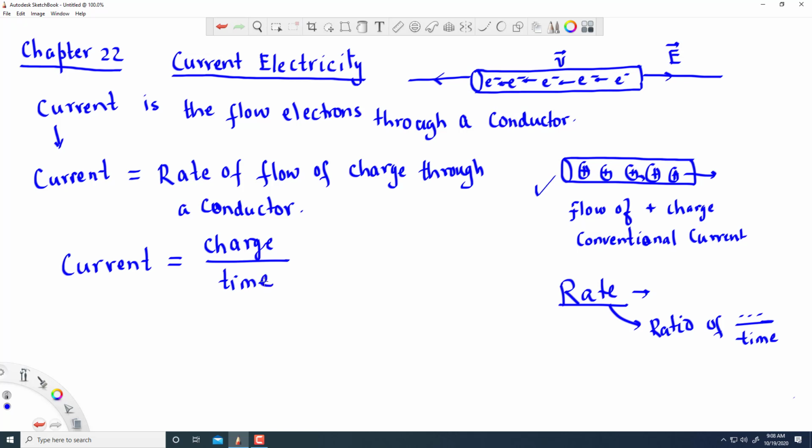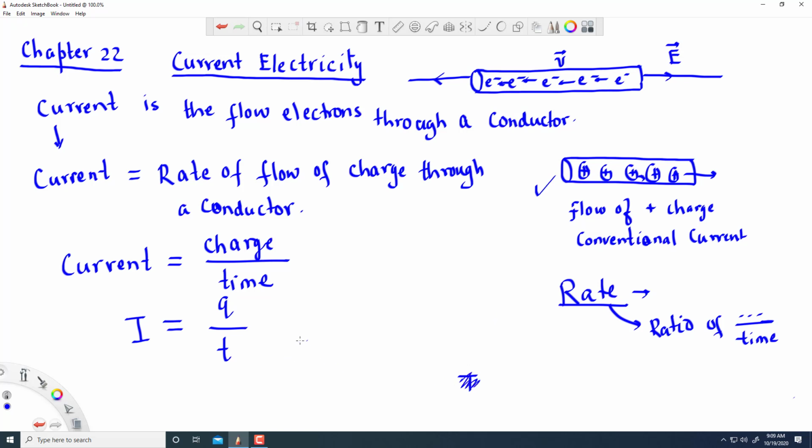And current is denoted by letter I. We don't want to use C here because we already used C for capacitance. Instead we use I. I is current. Charge is Q. Sometimes I write capital Q, sometimes small q, both are fine. Both represent charge, and time is denoted by small letter t, not capital. Capital letter T is reserved for something else.